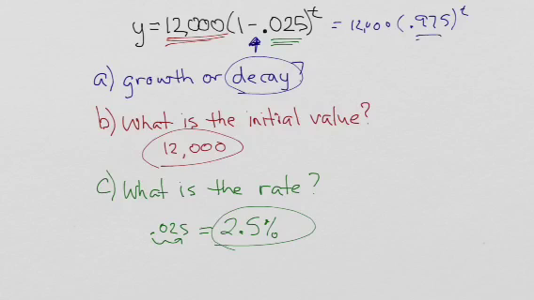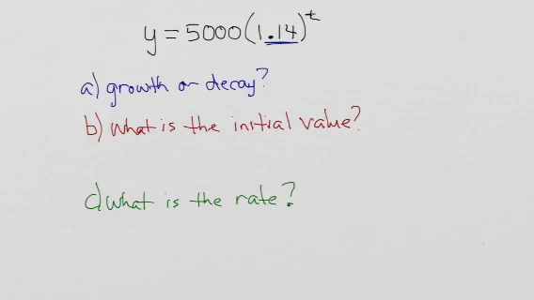And you can see that this number is smaller than 1, meaning that we had to have subtracted to get to it. So since this number is bigger than 1 on this example, we know that that was really a 1 plus 0.14. That's how we get it. So that's a growth. It's 0.14 larger than 1.